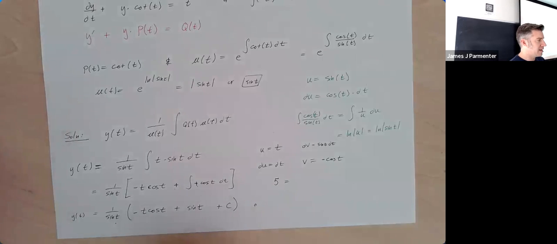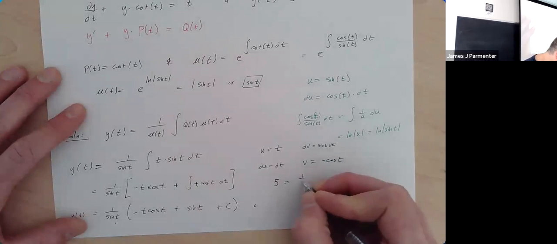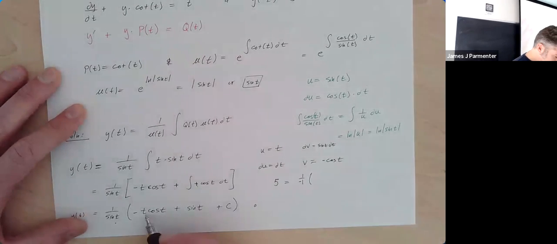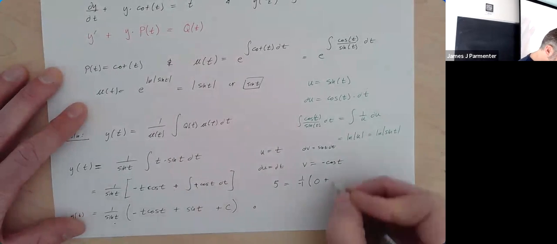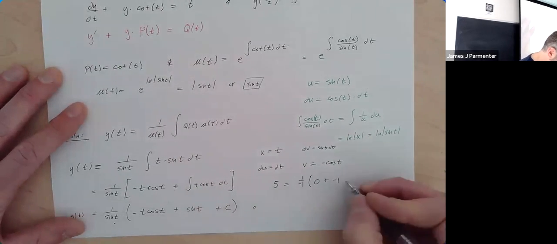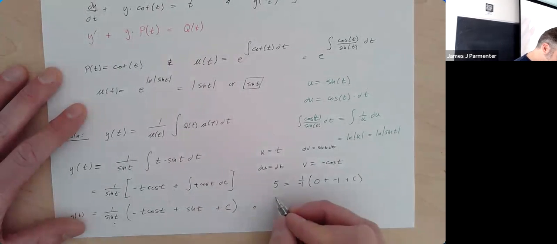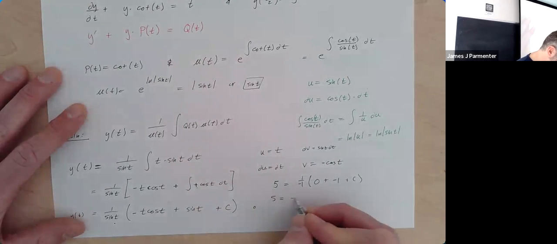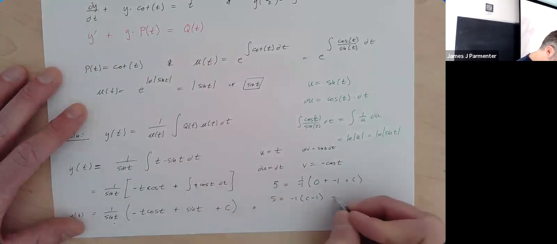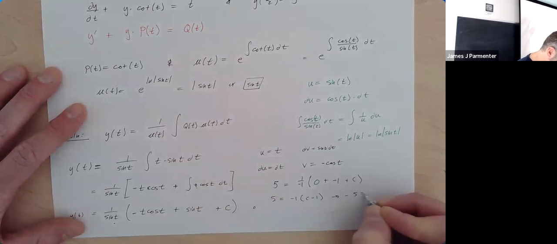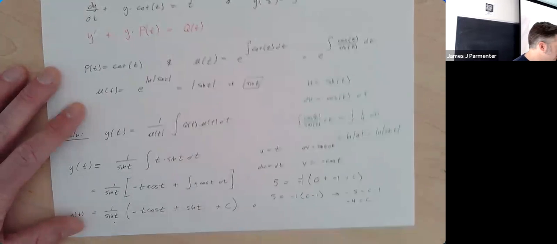Ooh, okay, what's sine of 3 pi over 2? Negative 1. So we're going to get 1 over negative 1 times, cosine of 3 pi over 2 is 0, sine of 3 pi over 2 is negative 1, plus c. So it looks like we've got 5 equal to negative 1 times c minus 1, or negative 5 is equal to c minus 1, or negative 4 is equal to c.